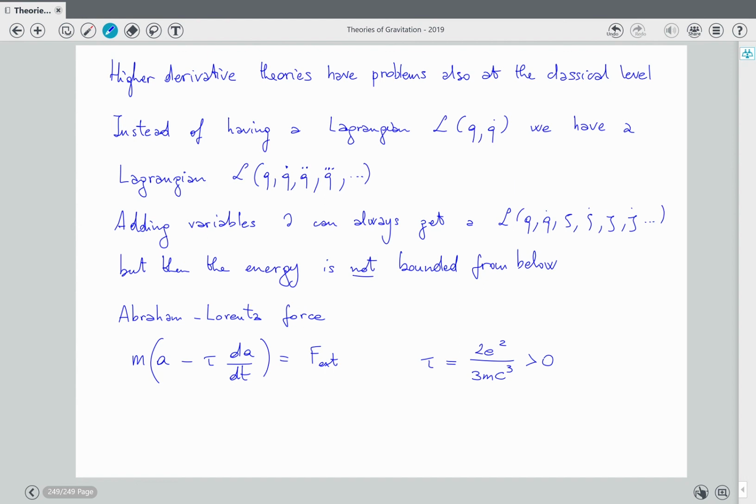This theory has runaway solutions even without external forces. Which means, let's assume there is no external force. Then, if the particle is here at rest, it should stay here at rest.